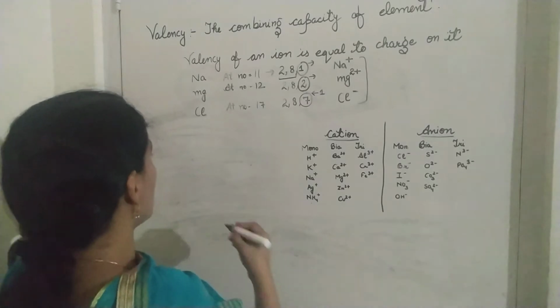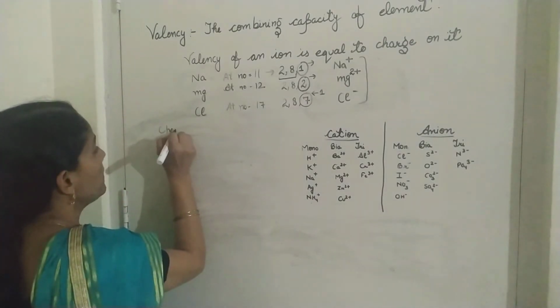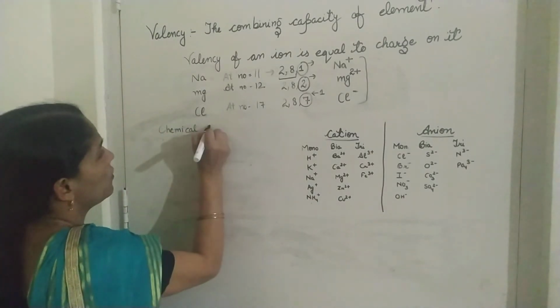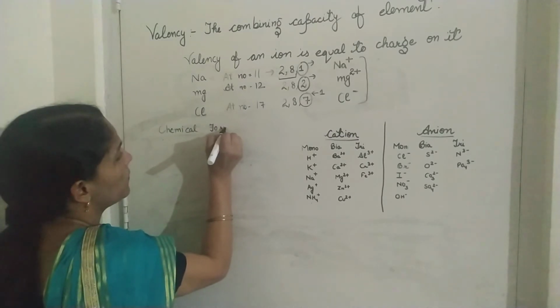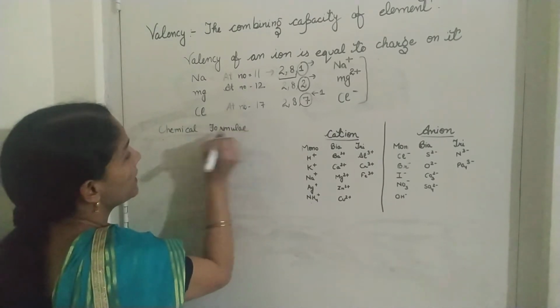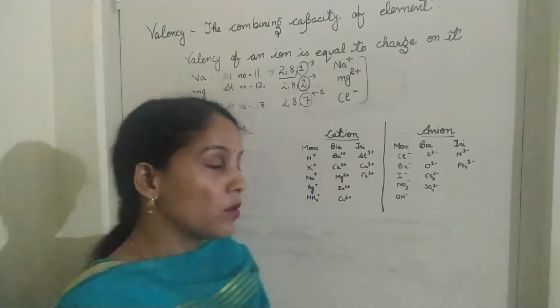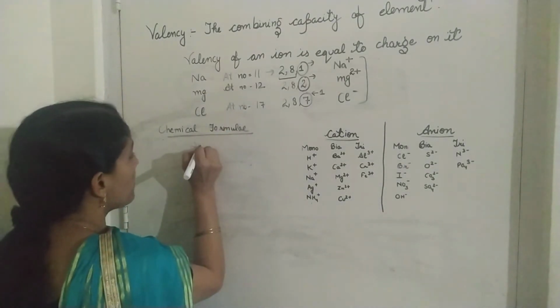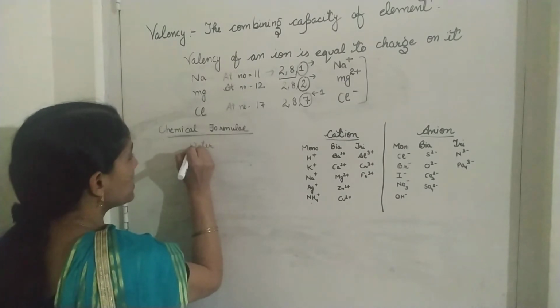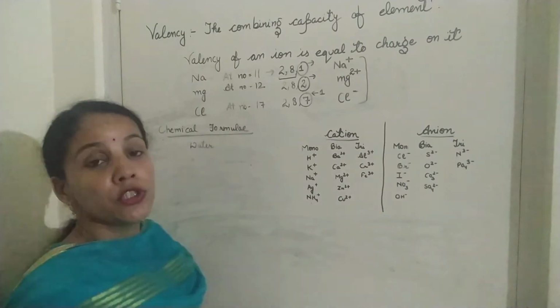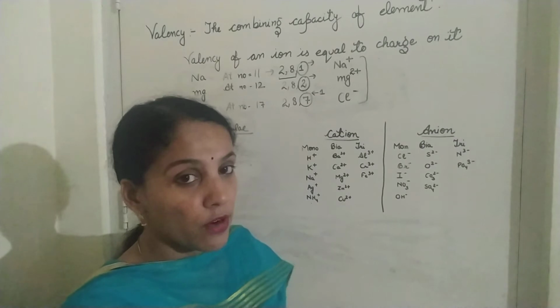Now we are starting to write chemical formulae. First of all, we are taking the example of water. When we are taking the example of water, you just remind in your mind which two elements are present there in water.